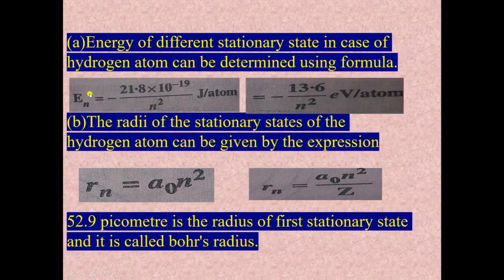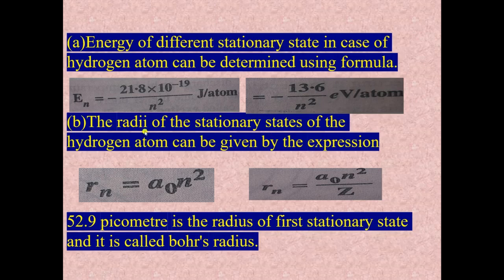Now, if we have to find the energy of the first orbit, then here we will write E1 is equal to minus 21.8 into 10 to the power minus 19 divided by 1 square. For the second orbit, you will write here 2 and here 2 square. Now, this is the energy in joule. If you want to find the energy in electron volt, then you will use this formula. n is the number of orbit or shell.